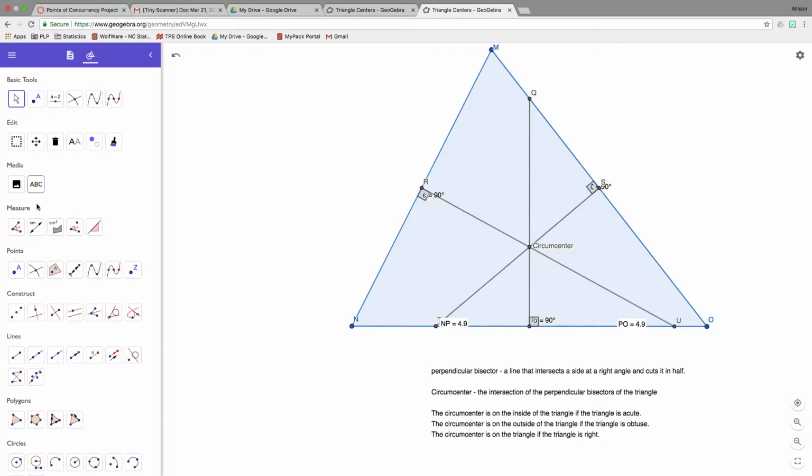I would like for you to create a segment. Create a segment from the circumcenter to a vertex. So I went to lines, I chose segment, and I'm going from the circumcenter to a vertex.